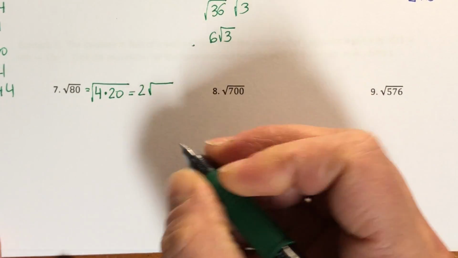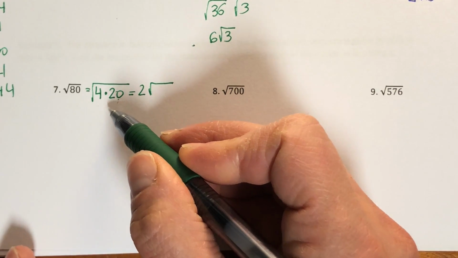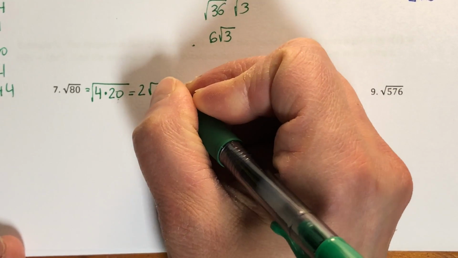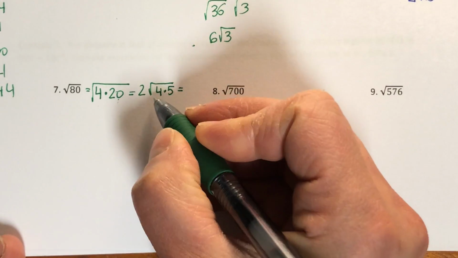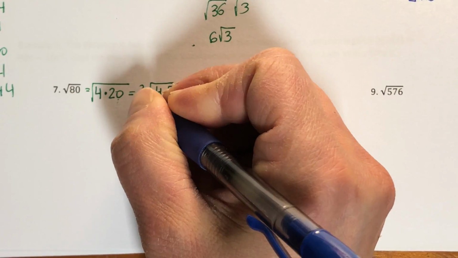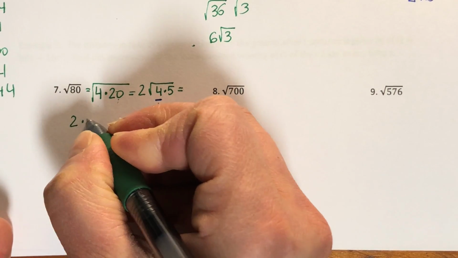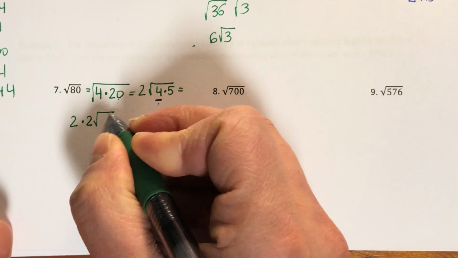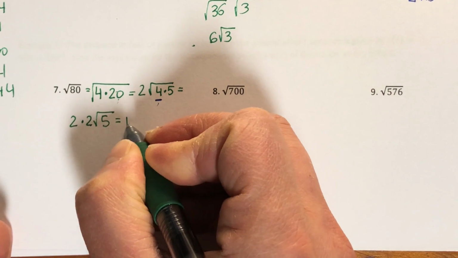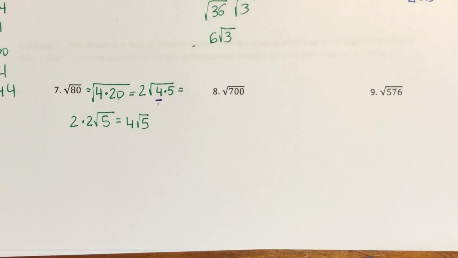But now we can continue because 20 can again be written as 4 times 5. So again, I have a perfect square under the square root. So I am going to bring this out. So now I am going to have 2 times 2 times square root of 5, which is equivalent to 4 square root of 5.